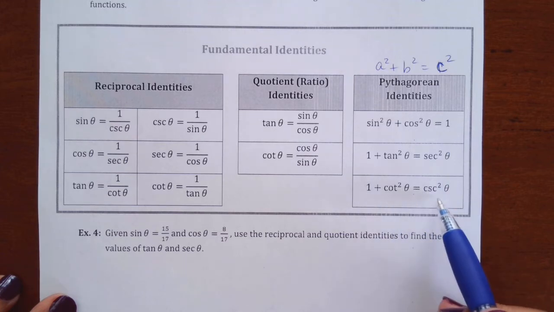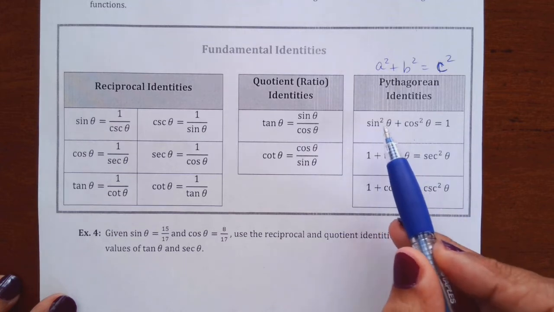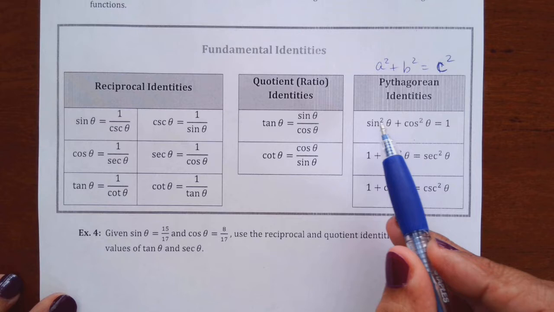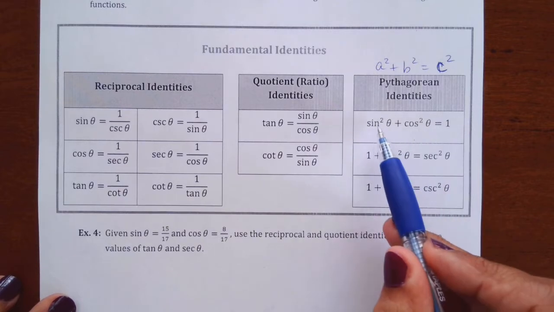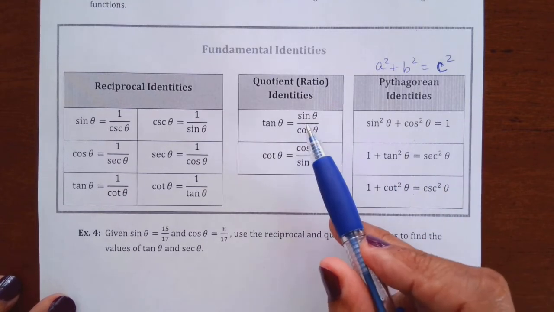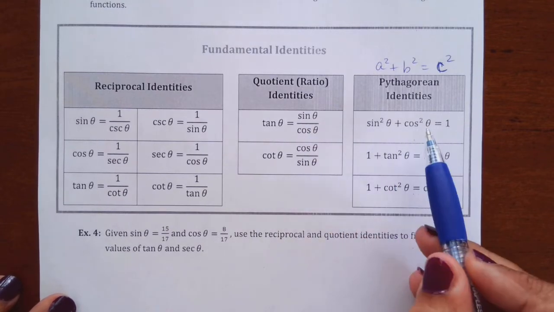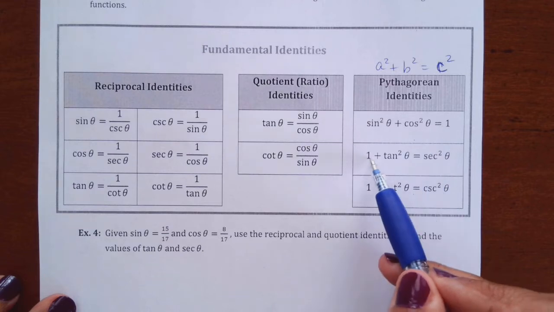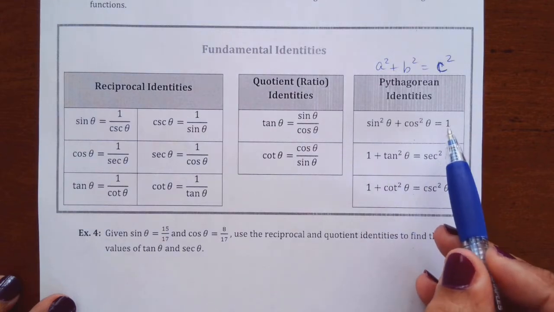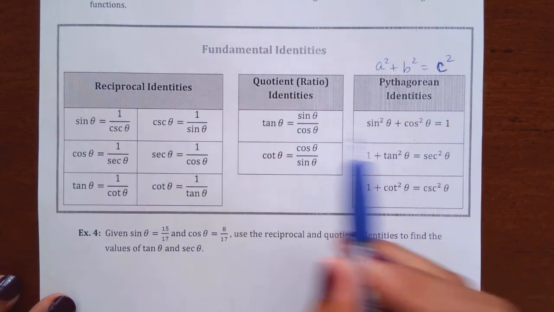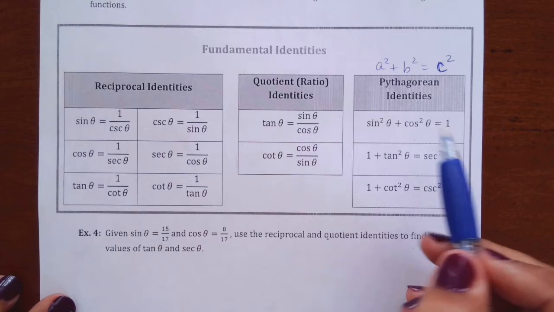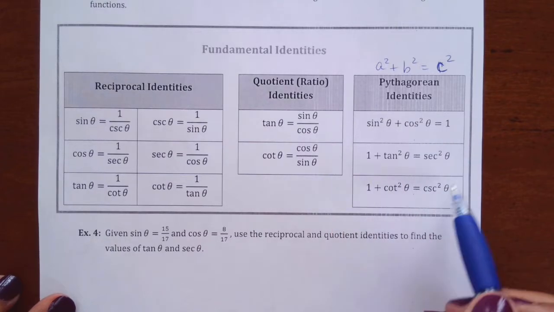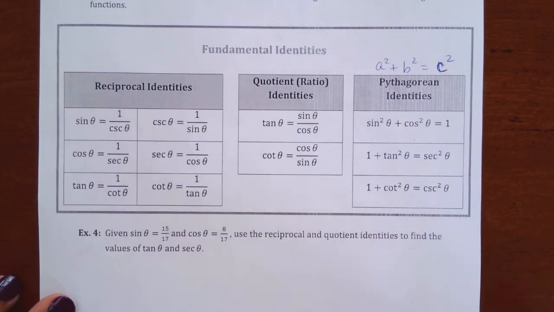So that gives me this bottom. If I take each of these and divide them by cosine squared, sine squared divided by cosine squared is tangent squared. Cosine squared divided by cosine squared is 1. And 1 divided by cosine squared is secant squared. So by using these reciprocal identities and the quotient identities, that's how I can get all of these. So all of these are considered Pythagorean identities.